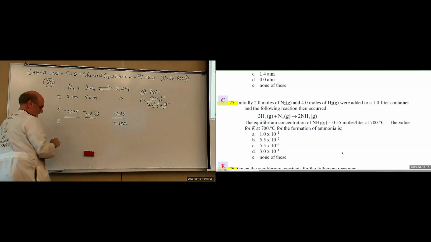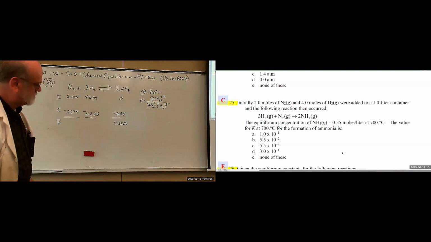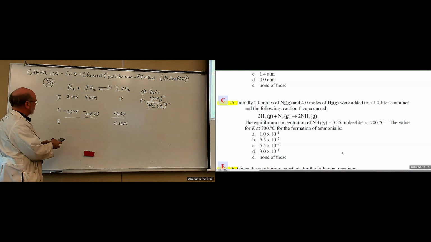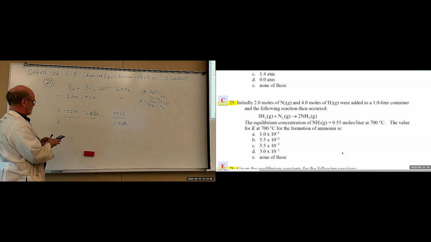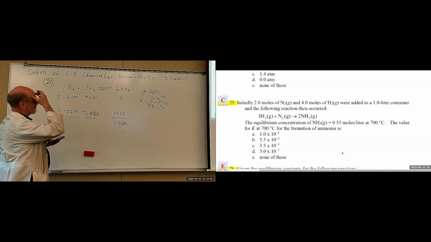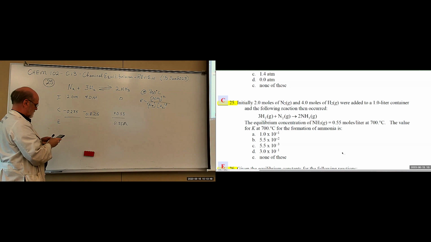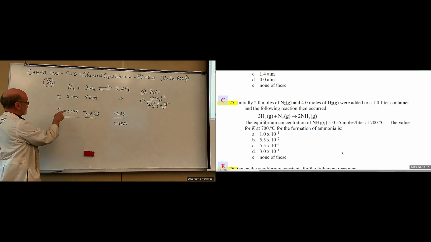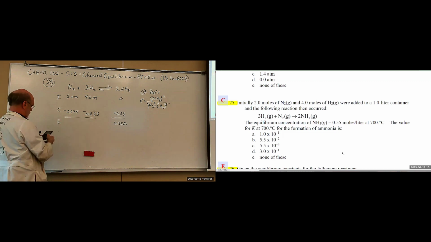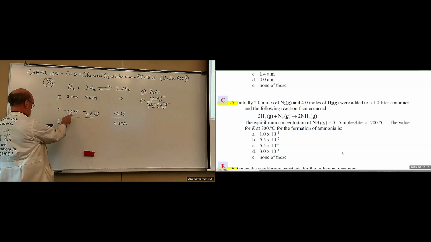Okay, so that means, let me check this out. I don't trust it. 0.55. Three times 2 5. Yeah, that was right. And then 1/3 of that one would be this one.